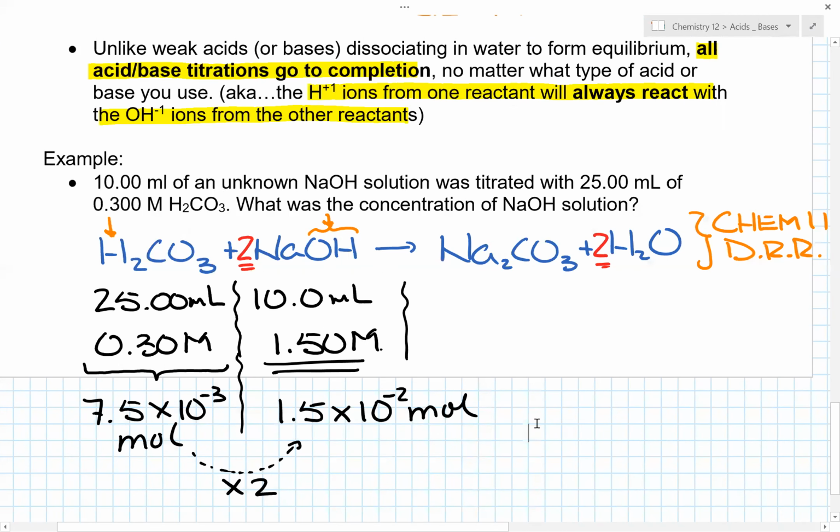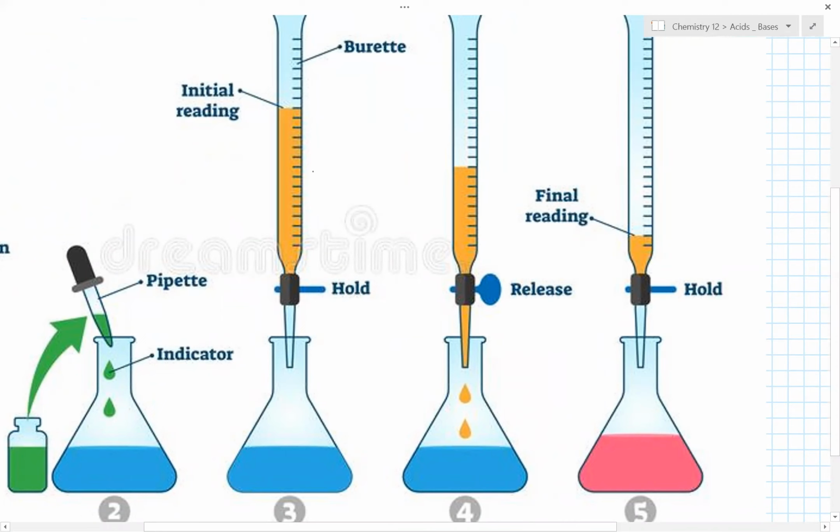A pipette is basically a fancy graduated cylinder. Then you add a certain amount of indicator. We'll talk about that. And then you add your base. So here is your base.